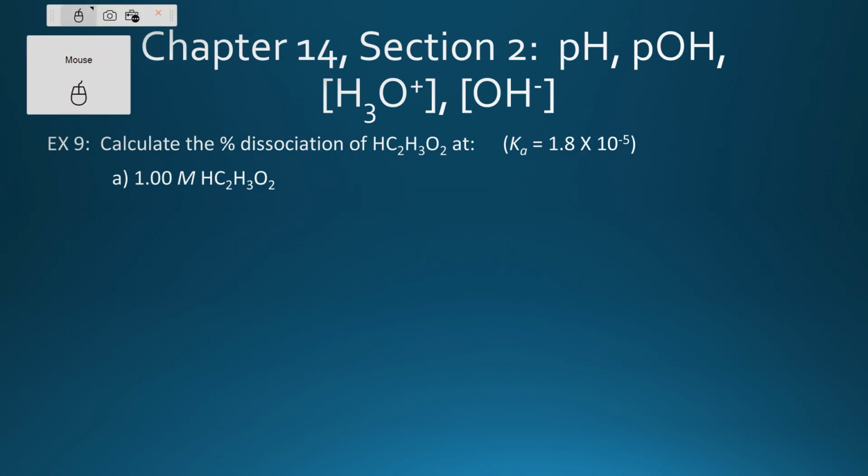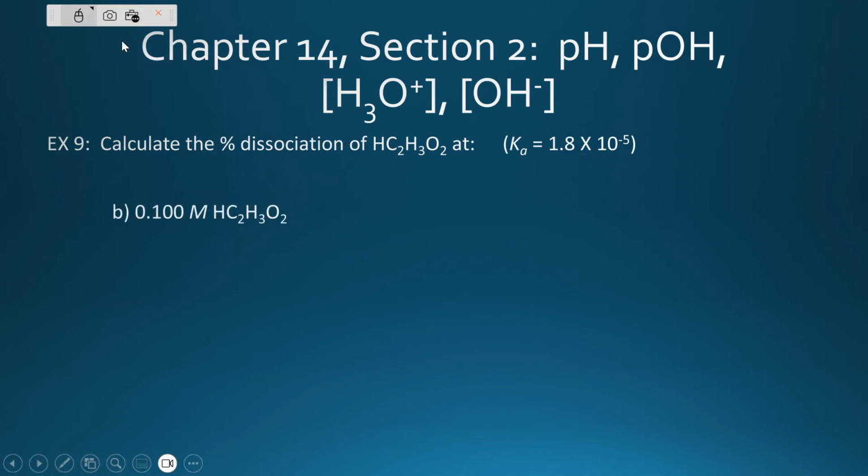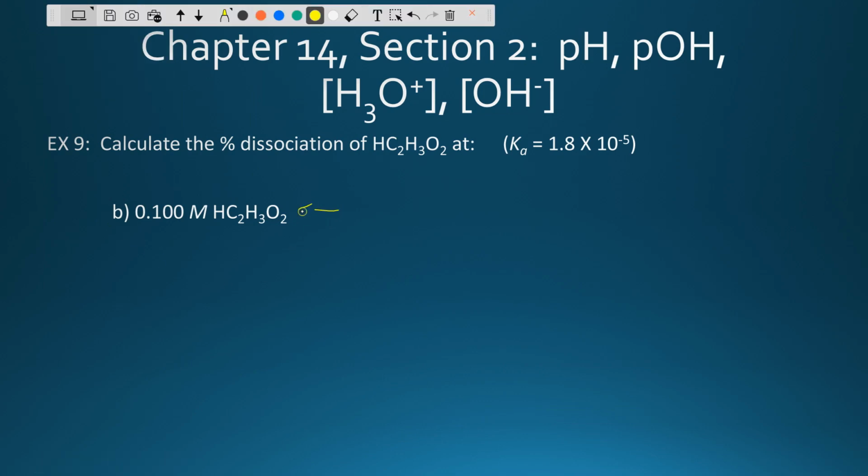Okay, next problem, let's see what the effect is by taking 1/10 of that concentration. Once again, this is going to dissociate into my hydrogen ion and my acetate ion, C2H3O2 negative 1. Again, this is 0.1 minus X, X and X. And so I have 1.8 times 10 to the negative 5 equals X squared over 0.1 this time.